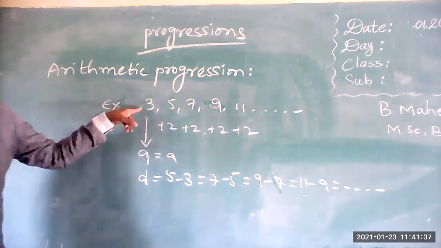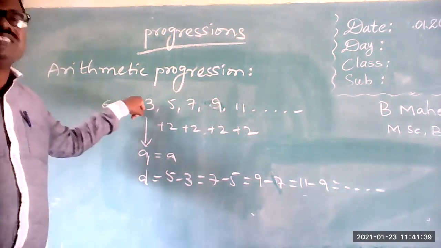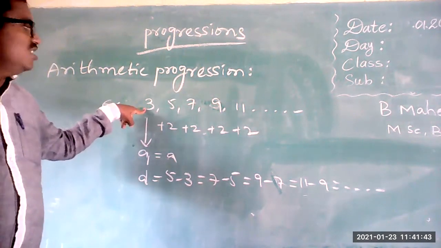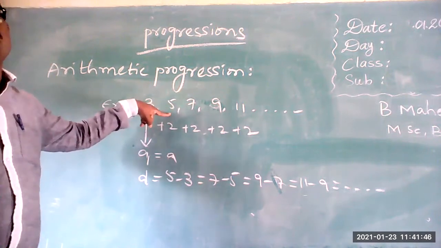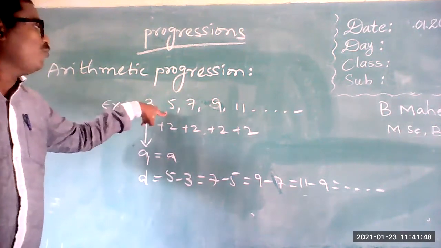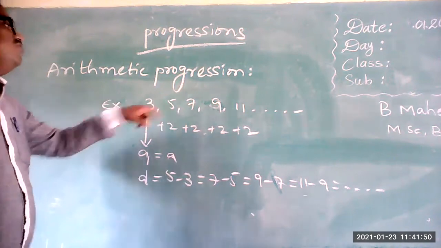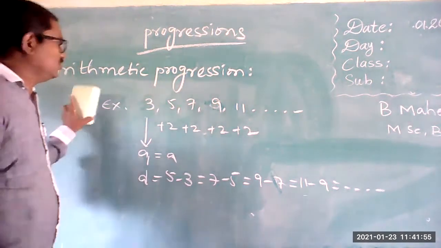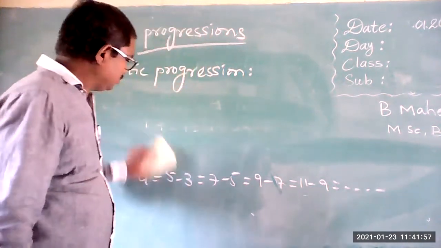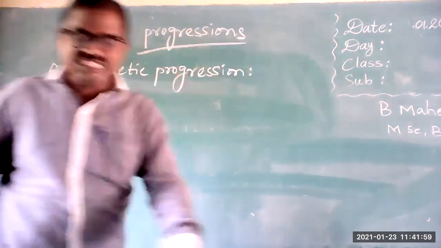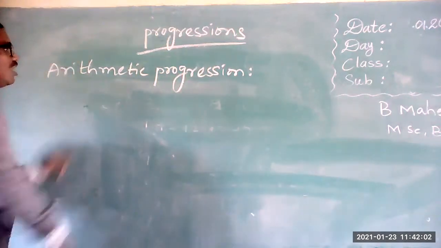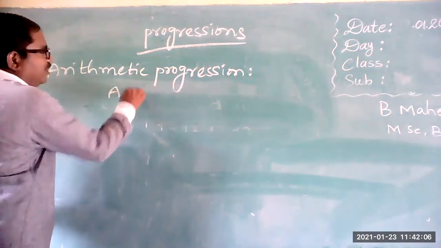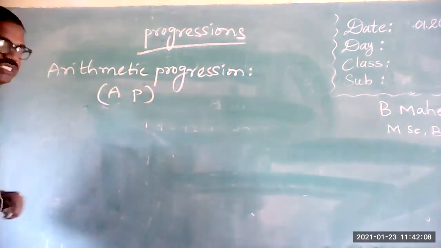In an arithmetic progression, the first number is called the first term, denoted by A1 equals A. Between two successive numbers there is the same value, and that value is called the common difference. Arithmetic progression we can read shortly as AP. So AP means arithmetic progression.